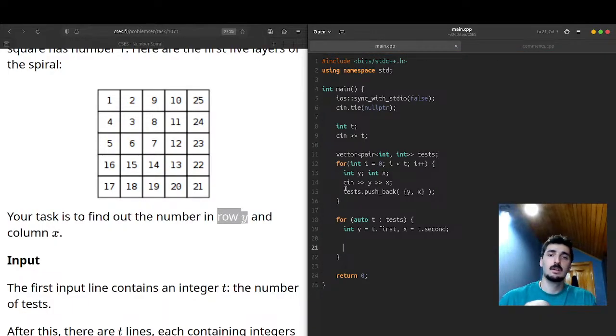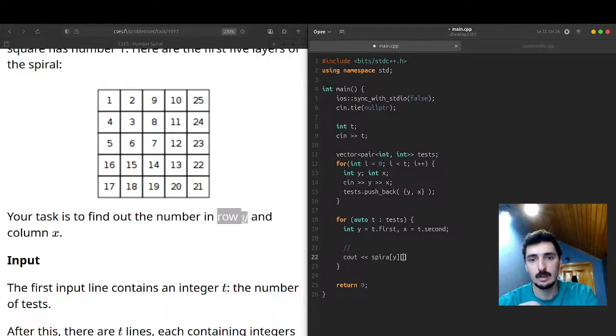Yeah, and we have to basically see out spiral at y, x, pretty much. This is what's gonna happen. So yeah, the one observation was that we have an nth layer, we can know the end of that nth layer.